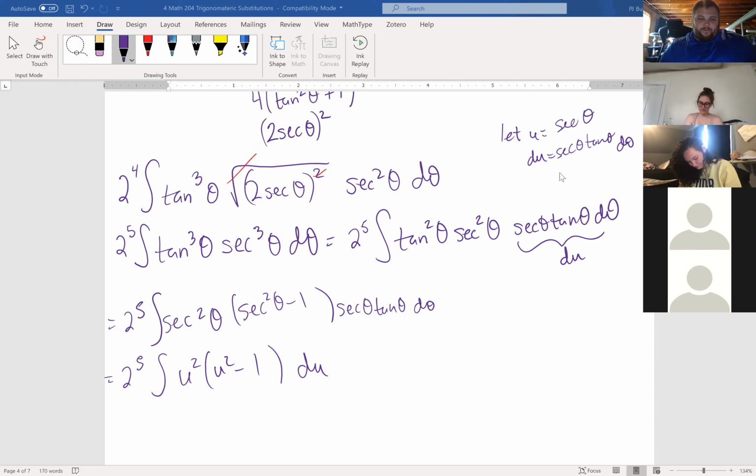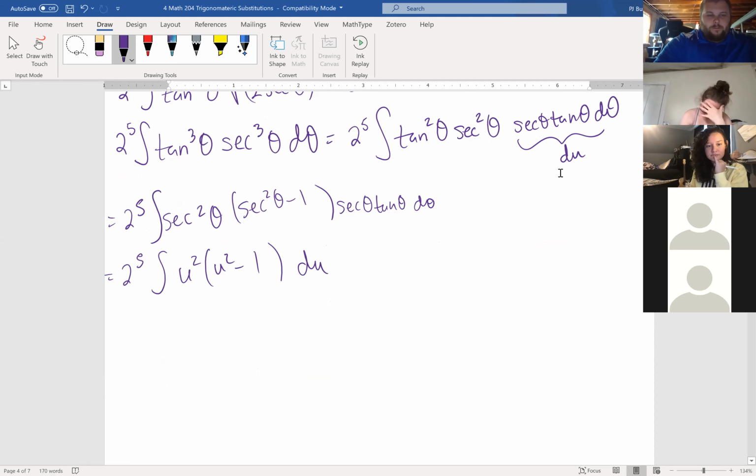So now I just need to distribute the u squared, integrate, and then finally I need to get back to theta. And then after theta, I need to get back to x. So this is u to the 4th minus u squared du.